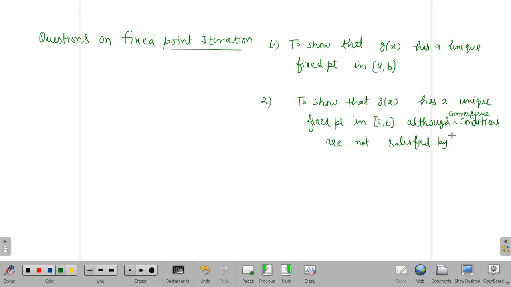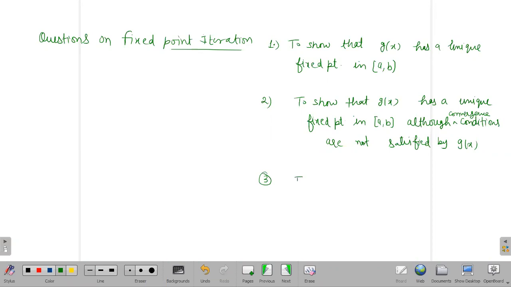So in this you have to, what you have to prove here, you take g of x. By graphically or by taking any analytic method, you can say it has a fixed point, but the convergence conditions are not satisfied. Means any one of the conditions will not be satisfied by the g of x. So here you have to prove this.